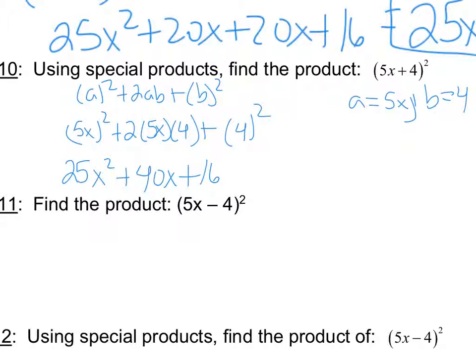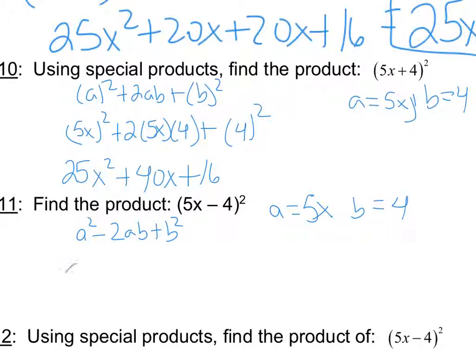So now minus, just remember, the only difference is this. It is a squared minus 2ab plus b squared. And you don't need to worry about the minus there. It's 5x and b is 4.